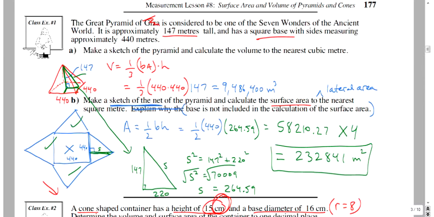How could we make this one bit harder? If it's not a square base, these aren't the same dimensions. These are two different triangles. This one will be the same as that one, but this one is different. It will be the same as this one, but you just have one extra calculation to make.